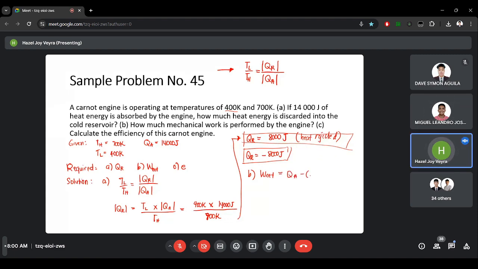Very good. So this will be QA, 14,000 joules, minus negative 8,000 joules. So this will be 8,000 na lang.